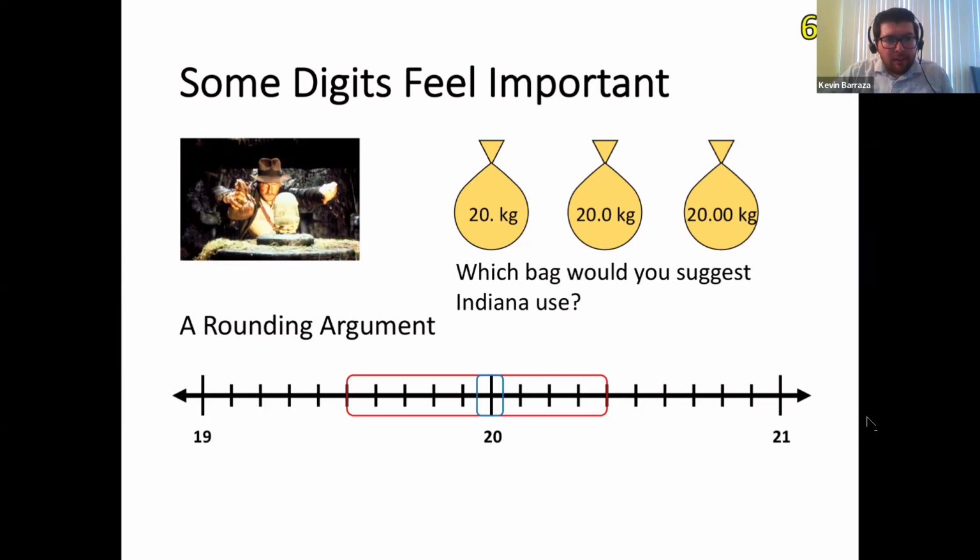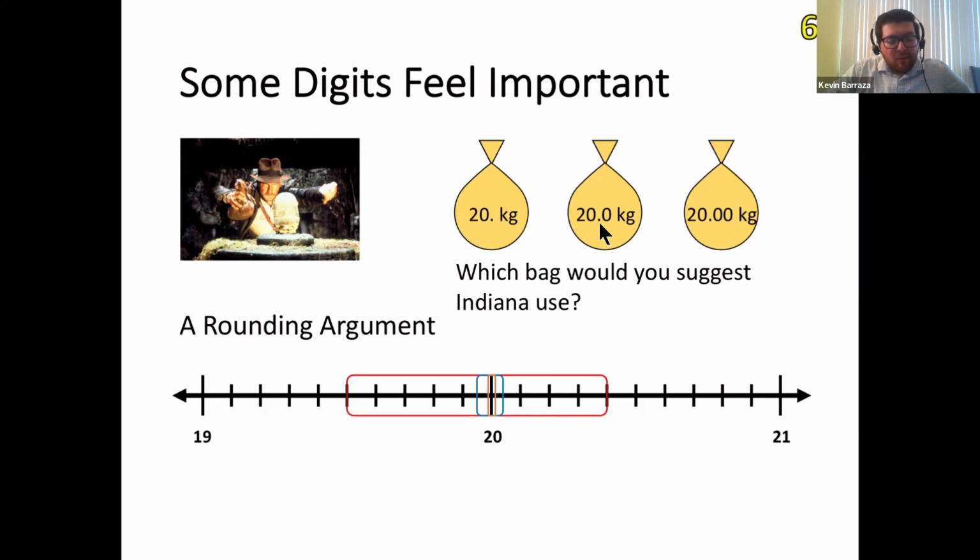Those would all round to 20.0. So do we see how the more zeros I have at the end of a number indicates a narrower and narrower range of what could be the possibility? So 20.00 has an even smaller range of what the number could have been estimated to be.